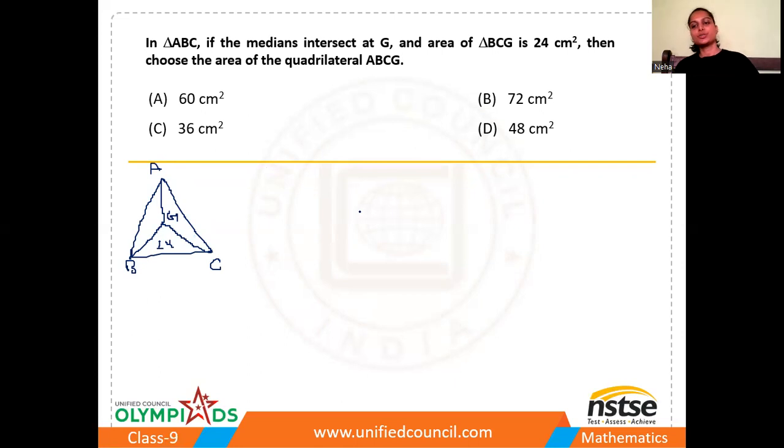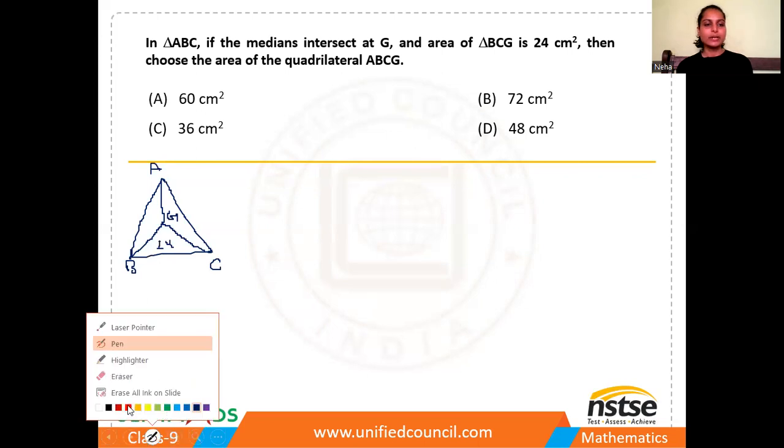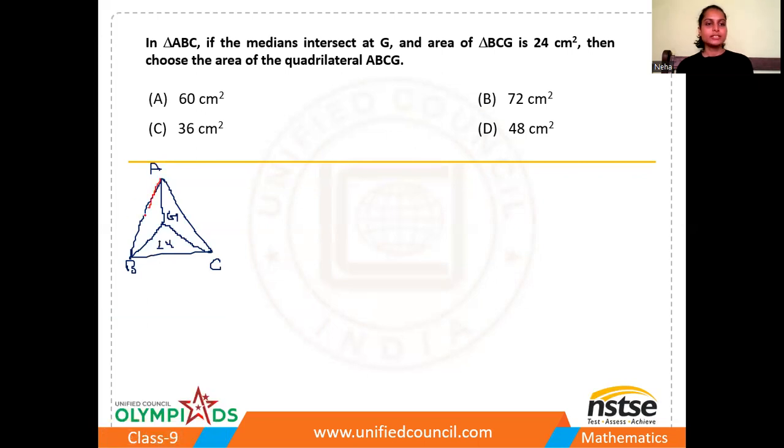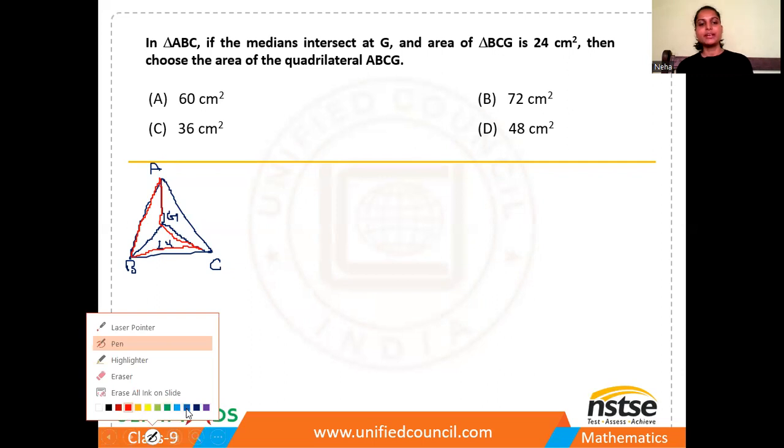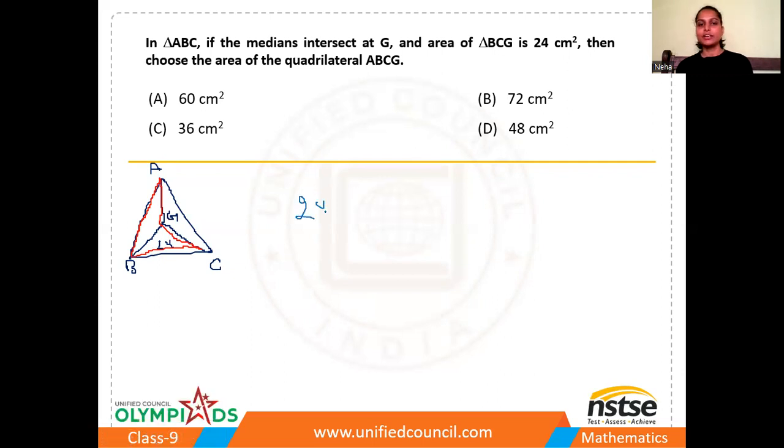And these all are equal to 24. Now the question is asking for this quadrilateral. Let me highlight the quadrilateral. In this quadrilateral, as we can see, two triangles are covered. So if two triangles are covered, then the answer is 24 plus 24, which is 48.